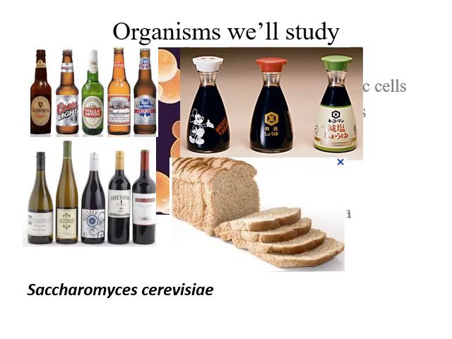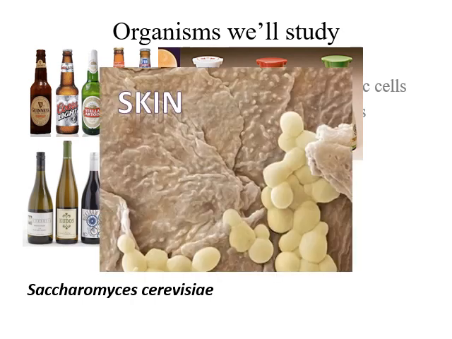So Saccharomyces cerevisiae is commonly referred to as baker's yeast or brewer's yeast. Whenever you hear the term baker's yeast or brewer's yeast, we're referring to Saccharomyces cerevisiae. And I might ask you that on a test. So I might ask you, when I say baker's yeast, what am I talking about? And the answer is Saccharomyces cerevisiae.